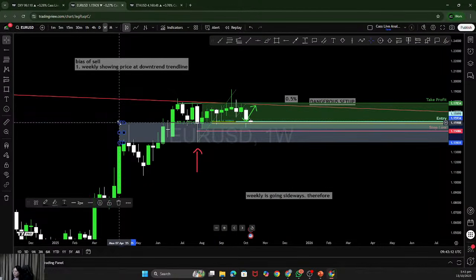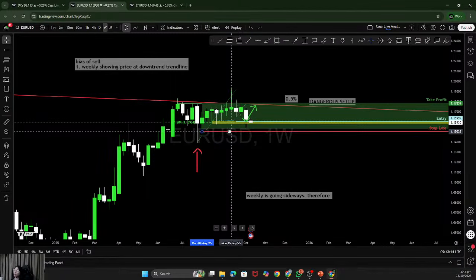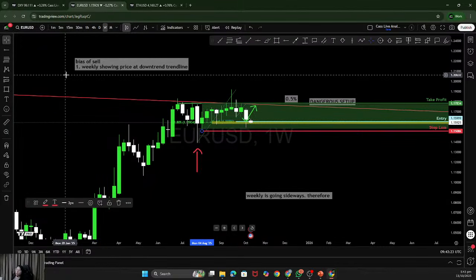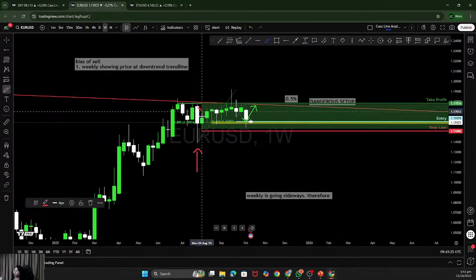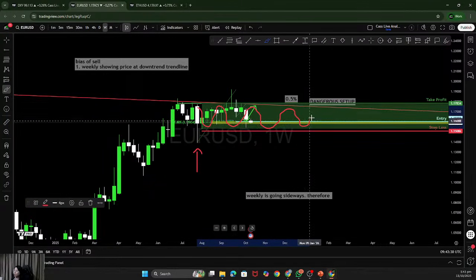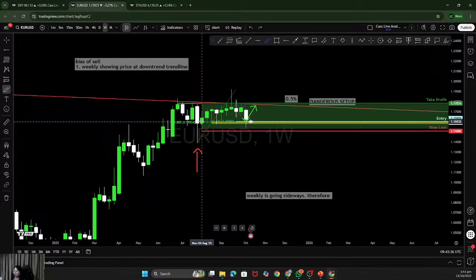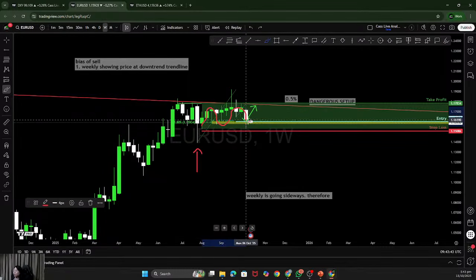Yeah, you are totally outside that green box, and you should be safe if price reverses. It should miss your stop loss and then continue to move within this green box. Okay, the best case scenario right now is we want price to continue to move within this green box. And there is a sign that since the 4th of August, so the last 2 months, price has been moving within this green box.